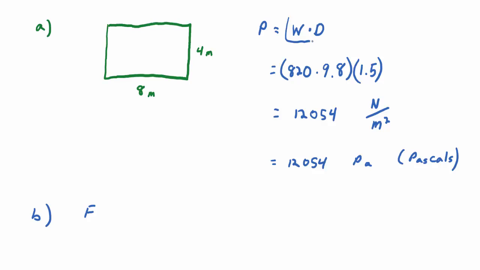What other factor do you need besides W times D? A. So the force is W times D times A, but guess what? We've got that first multiplication, W times D, right? That's 12,054. We already computed that in the last example.